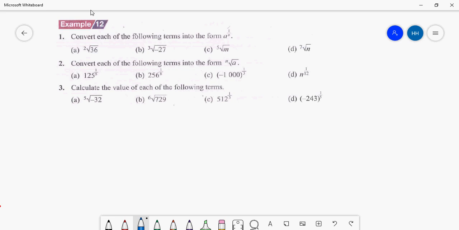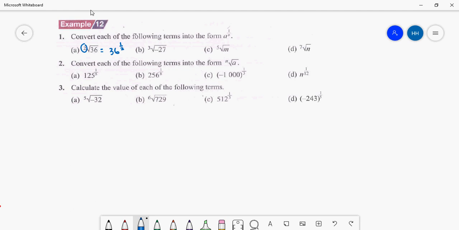Square root 36. Because this is number 2, you can write it as, the a here is 36, 36 to the power of 1 over 2.